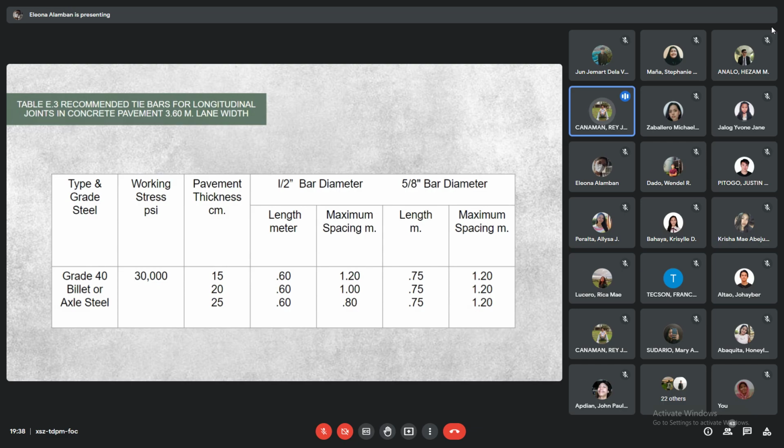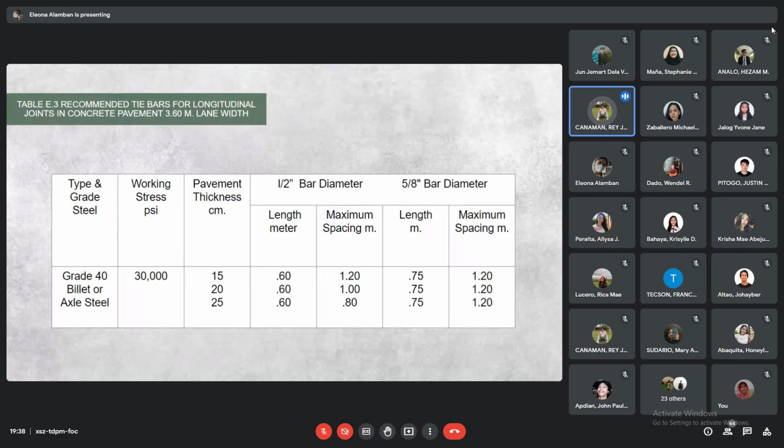So naa pod siya lain-lain nga length meter o maximum spacing meter gyapon ang unit. So ang grade sa type and grade kay grade 40 or axle steel. So ang working stress PSI niya ani is 30,000. So the pavement thickness centimeter, which is the 15, 20 and 25.